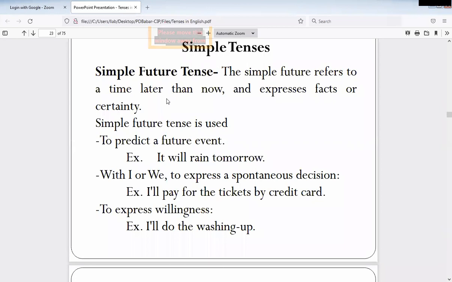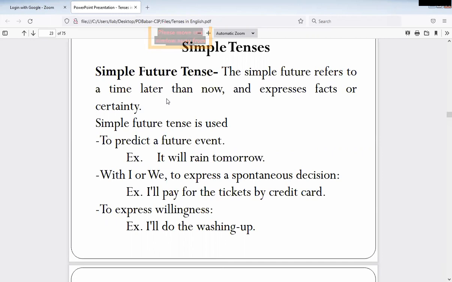We have used will as the auxiliary verb, or supporting verb, for the completion of the sentence. In the simple future tense, we generally use will or shall plus the first form of the verb, that is V1.